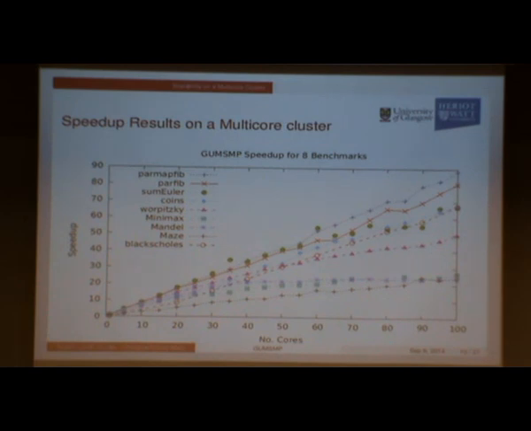So these are some baseline performance numbers, some speed up graphs that we have from our usual suspects of benchmarks, starting from very simple parfib-like benchmarks, which give quite good speed up, to some of the more interesting benchmarks like Minimax, an AI search algorithm, and Maze, another search algorithm encoding speculative parallelism in it. And we see a range of speedups here, so quite good ones for the simple programs. For some of the other programs, we measure it up to 100 cores.